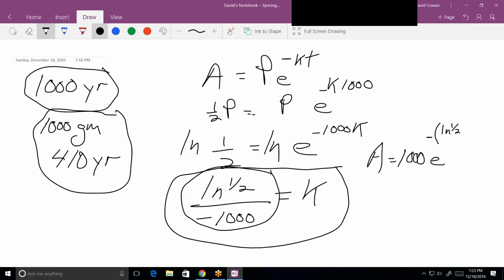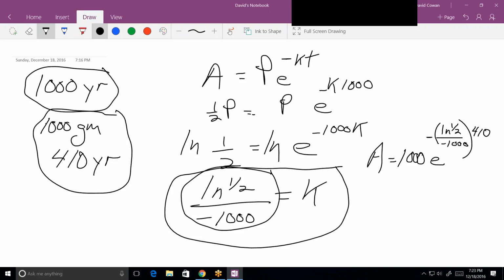These are always terrifically hard to write so that they can be read. And 410 years is what t is. Everything you see on the right side of the equation is a number. So that's going to tell you exactly how much your 1,000 grams decays to after 410 years.